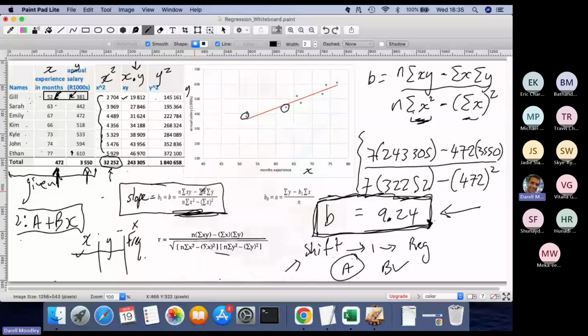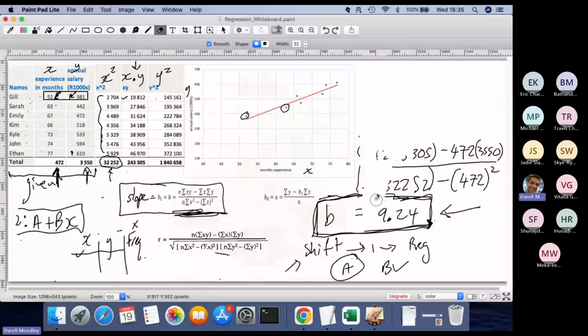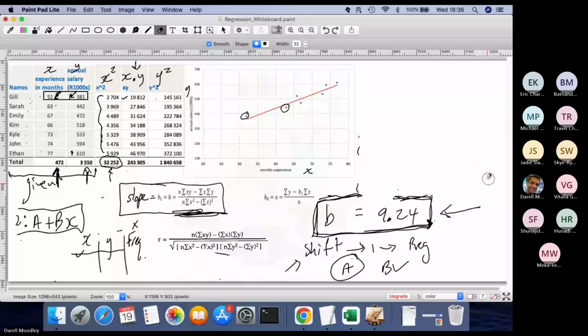All right. So let's make some space on the board now. Okay, so now you know how to get the slope and intercept using the long method and the short method. Hope you're comfortable with that.